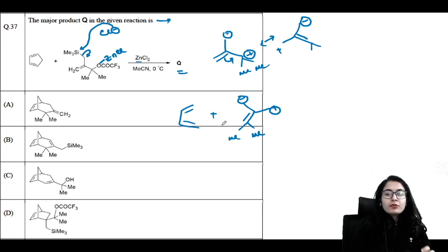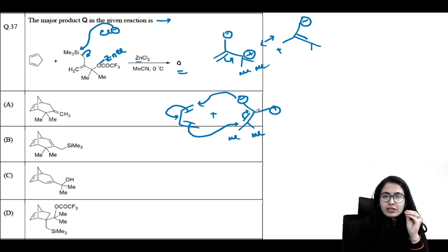It's not very difficult. See, move the charges in such a way. See, the negative charge attacks over here. It is still a concerted reaction. The pi bond attacks over here, and the electron density goes on the central carbon, so it will become negative. So ultimately, what will be the reaction?